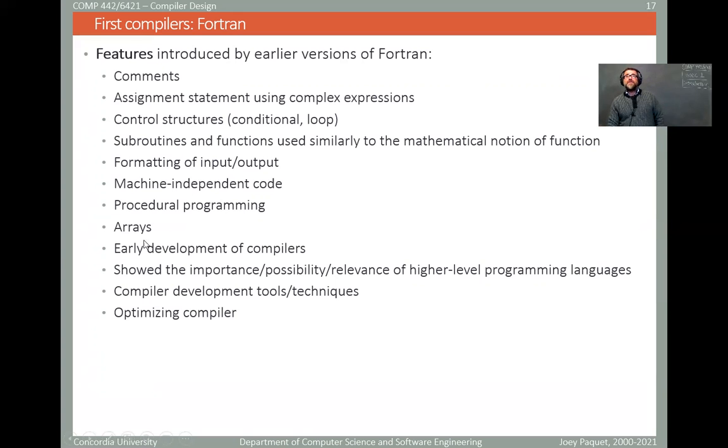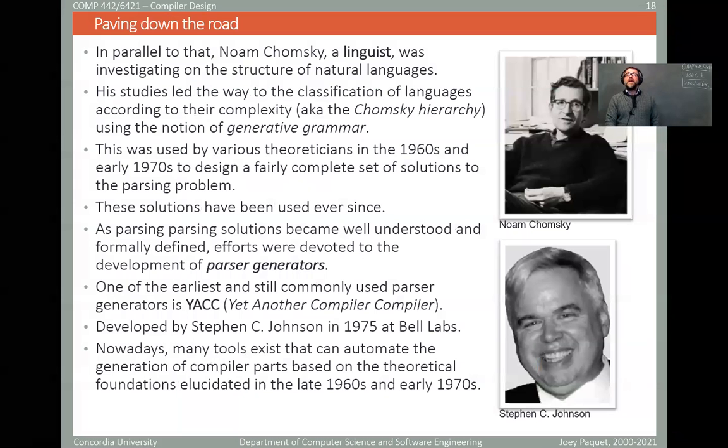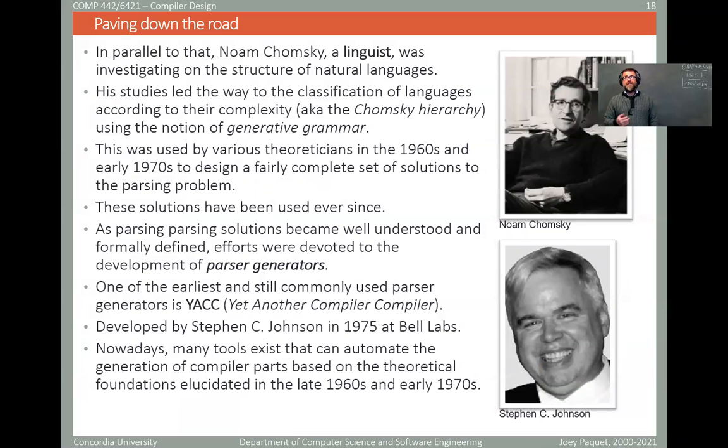A lot of different things, for example, like arrays, where Fortran was one of the first languages that used the notion of arrays, of course, which is a central aspect of computing. So Fortran and the early languages introduced many of the things that we take for granted now. There were other languages, such as Algol, that came a little bit later, that were much more similar to those that we know now, but I'm not talking about them here.